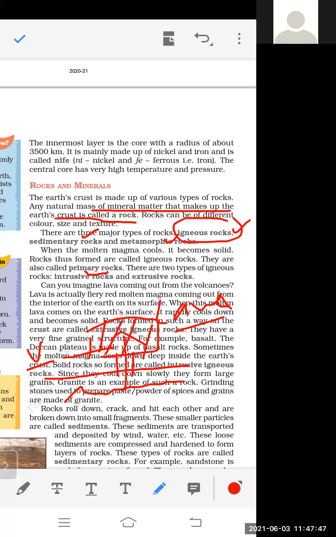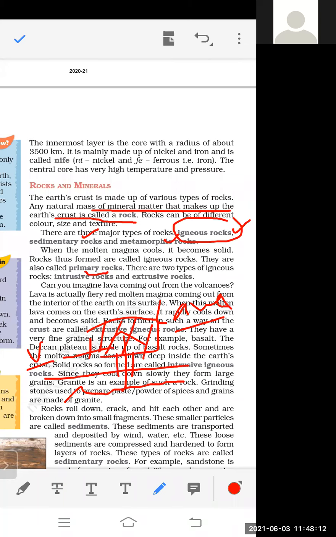That rock is called igneous rock, right? The word igneous is derived from the word ignis. Ignis means fire. So when the volcanic eruption took place, there is a firing of different types of minerals, right? So when these minerals solidified, the igneous rocks are formed, right?